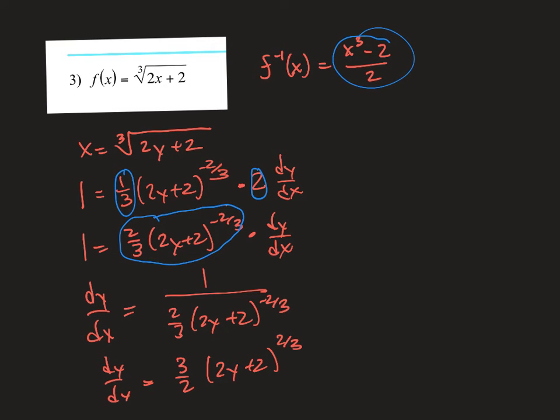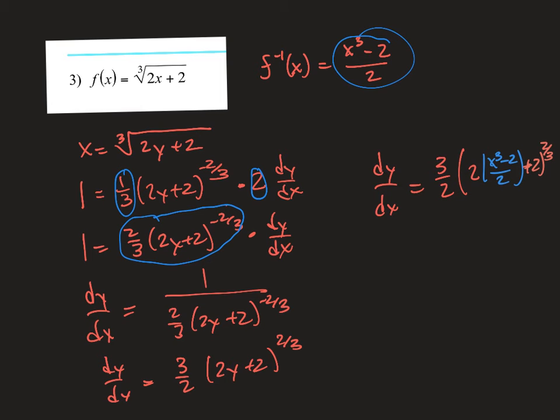If I plug that back into the function, I'll have dy over dx equals 3 over 2 times 2 times my inverse function, which is, oh goodness, x cubed minus 2 over 2 plus 2 to the 2/3.